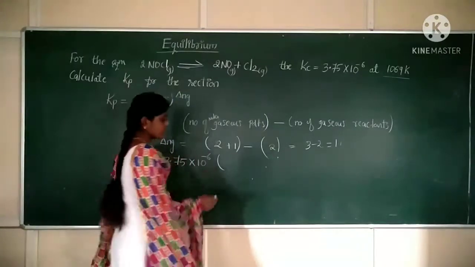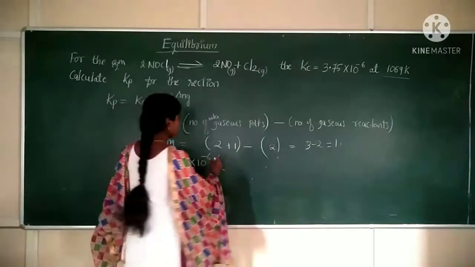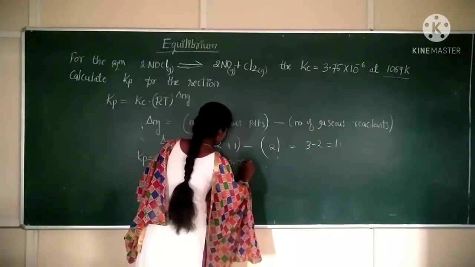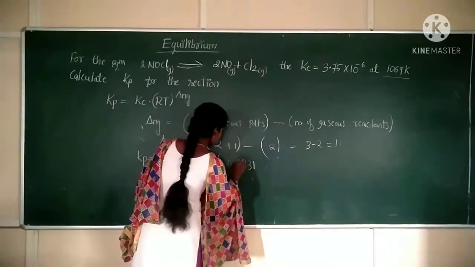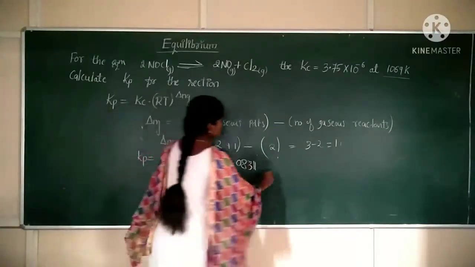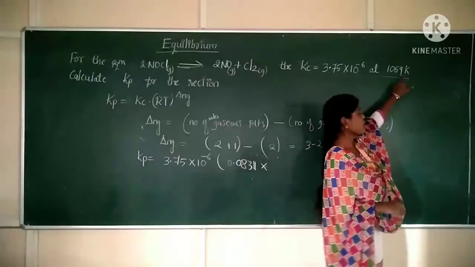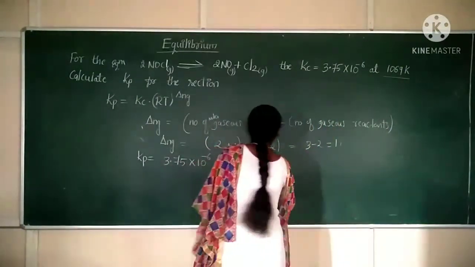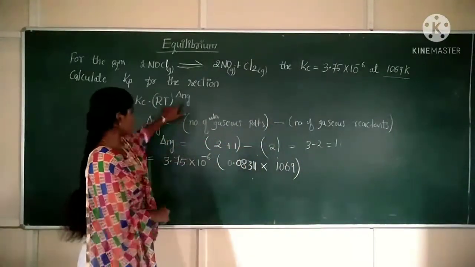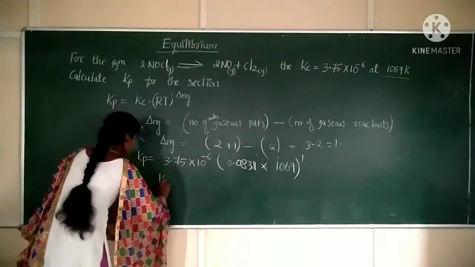If the unit is liter atmosphere per mole per Kelvin, at that time what should be the value of R here? 0.0821 is the value of R, correct? Into what is the value of T given? At 1069 Kelvin. So into 1069 whole to the power delta ng. What is the value of delta ng here? 1.